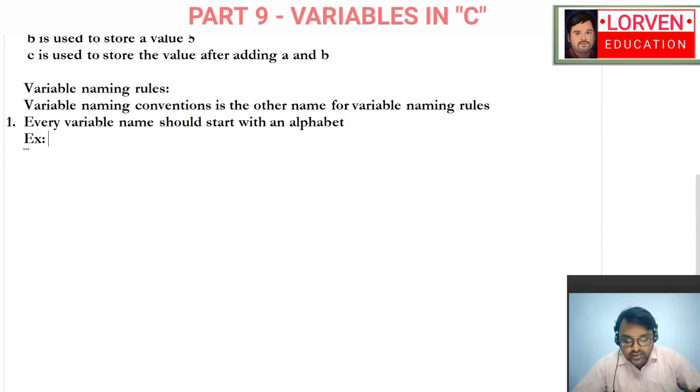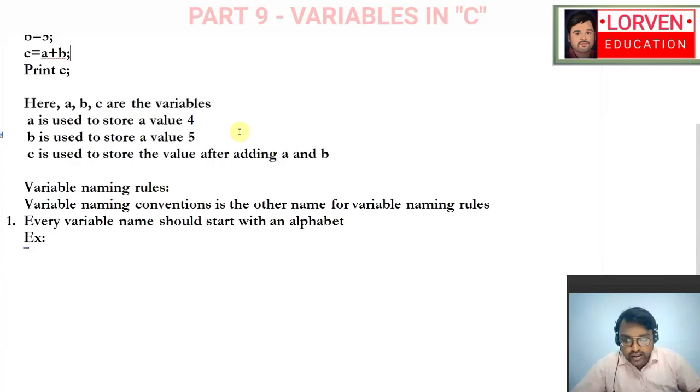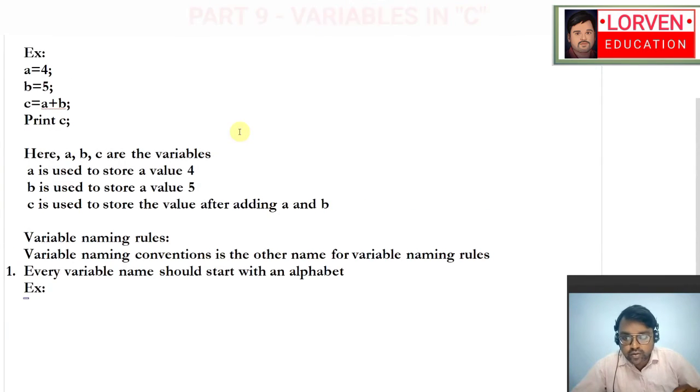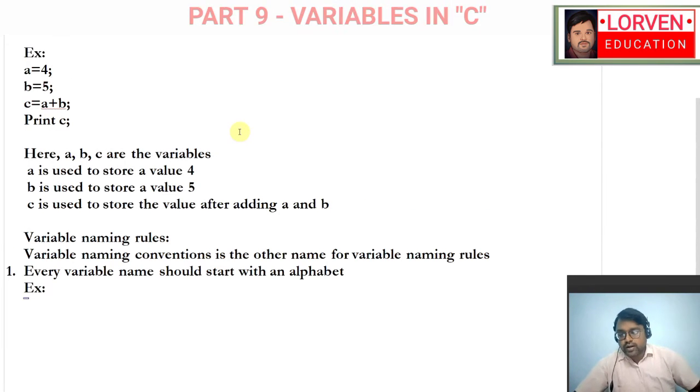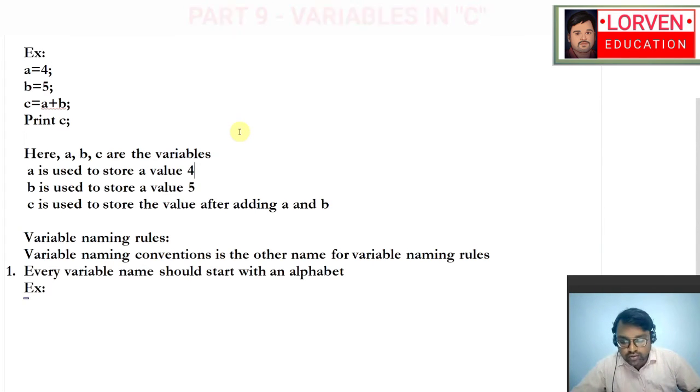Suppose in the previous example we have taken one variable called A, one more variable called B, and one more variable called C. So every instance here shows that the name of the variable should start with an alphabet, right? So this is how you have to understand.